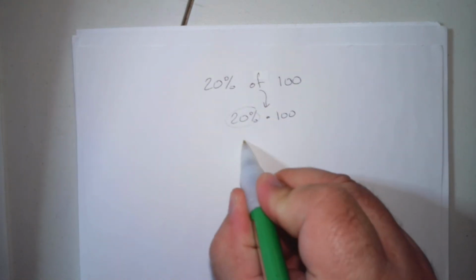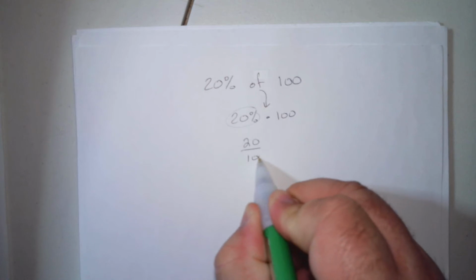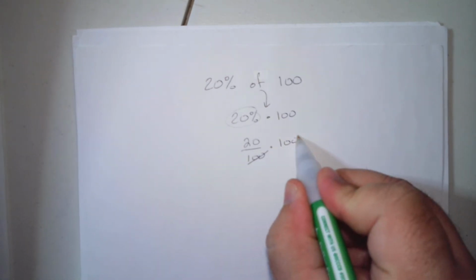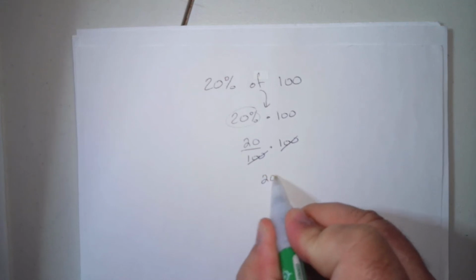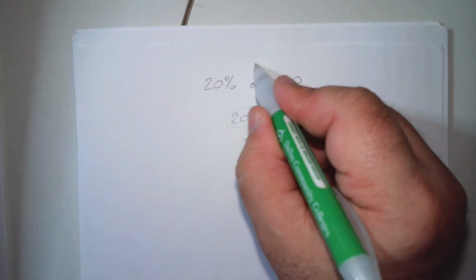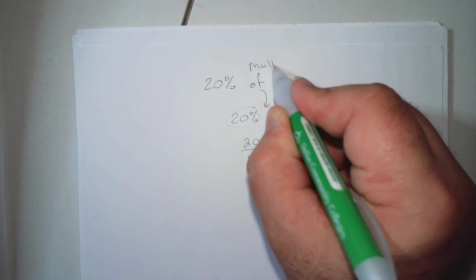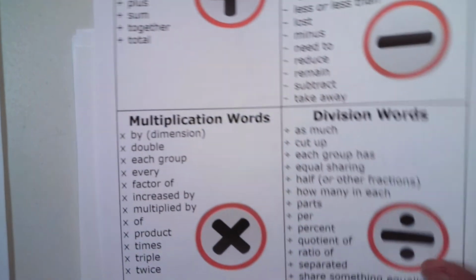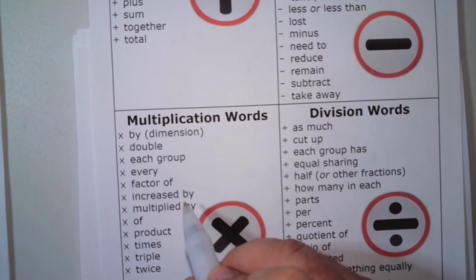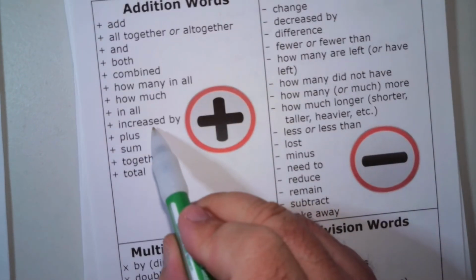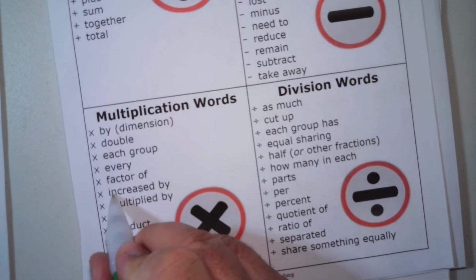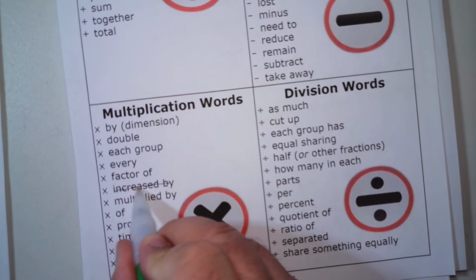So remember, this is 20 over 100 times 100. The hundreds cancel, so the answer is 20. So the word of means multiply. Multiply by increased. See, this is different. This could be the same one, increased. So actually, I'm going to take that one out. I don't like that one.